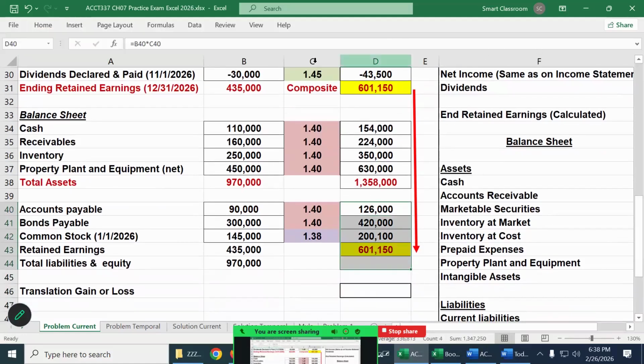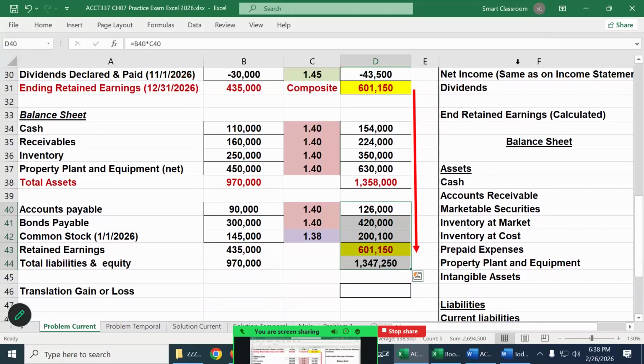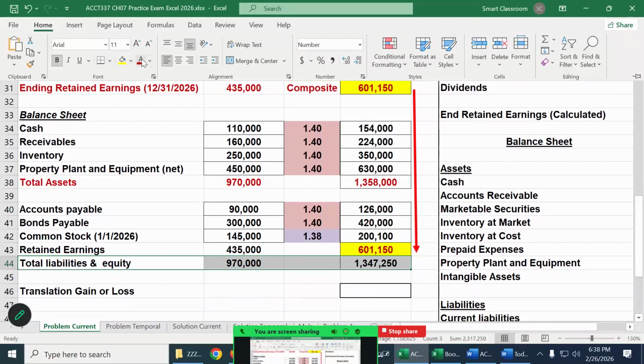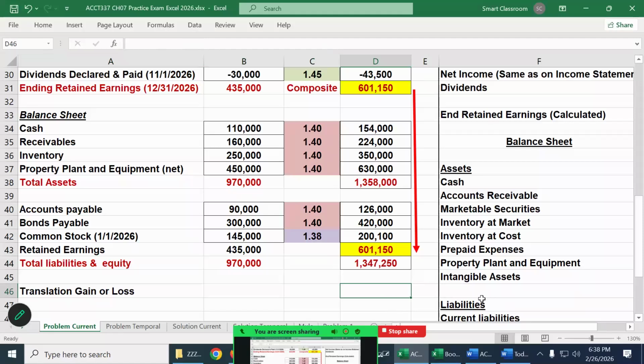And we add all this up. Now, normally, if your assets don't equal your liabilities and equity, you start looking around as to why they don't. But in this case, it's actually pretty normal. Okay, so let's see.